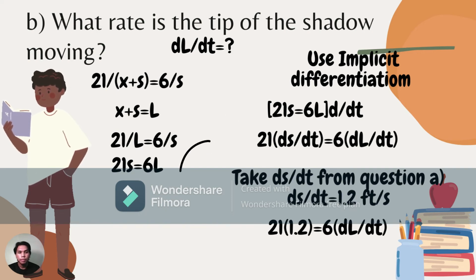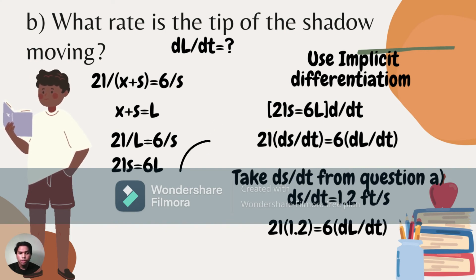Once we get this part of the equation, we can perform implicit differentiation. We need to find the derivative of both sides of the equation with respect to time. The answer will be 21 ds over dt equals 6 dl over dt.